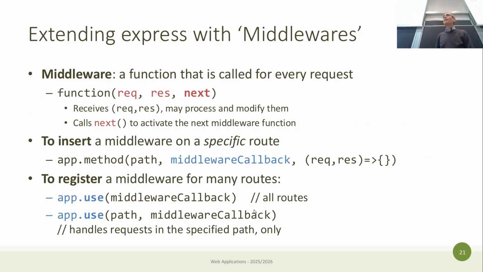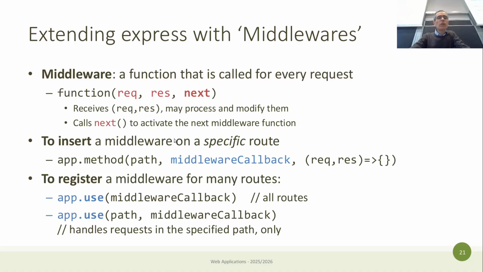So, Express can be extended. It's a very modular system, and you can add middlewares, which are functions that take the request and the response, and get a next call to be called to go on to process it in the next middleware. They are useful to add new functionalities in the server, okay?